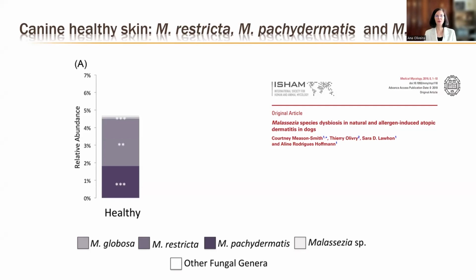And now we know that the most common species in the dog skin is Malassezia restricta, so that's the higher number, followed by Malassezia pachydermatis, and then in the lower numbers, we'll have Malassezia globosa. And this is the skin of a completely healthy dog.